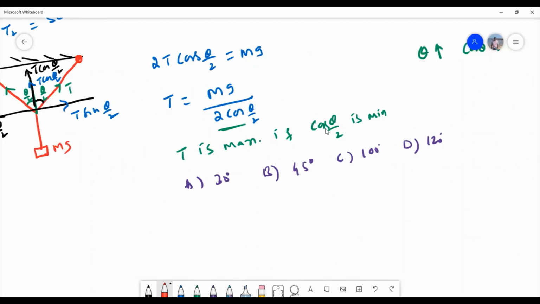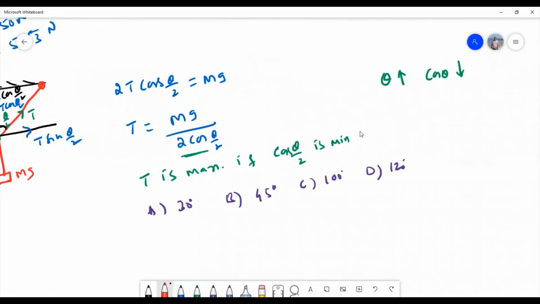Simply we understand that T is directly proportional to theta. That means as the angle increases, tension also increases. So whatever the max value given, that is the answer. In this case, the answer is 120. Suppose in the options you find 150, just keep that as the answer, because as theta increases, tension also increases.